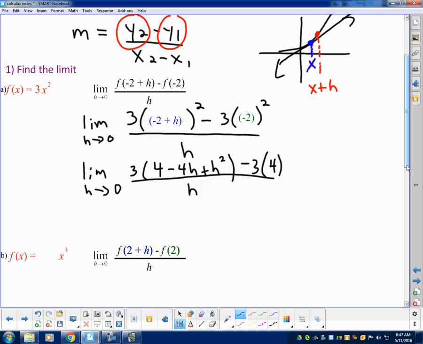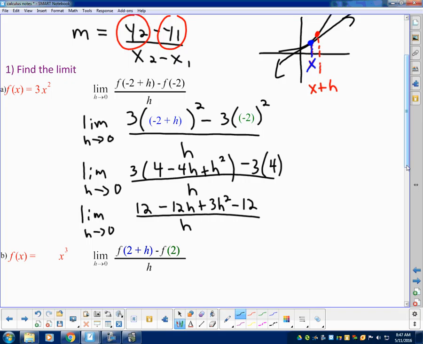So we have the limit as h approaches 0. As I distribute here, you'll notice that things will start to cancel out. And if that doesn't happen, you've done something wrong in your plugins, okay? So 3 times 4 is 12. 3 times -4h is -12h plus 3h squared minus 12 all over h.